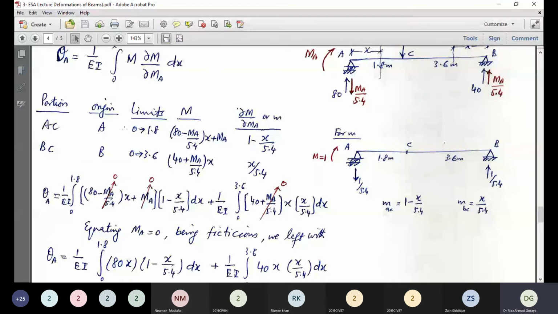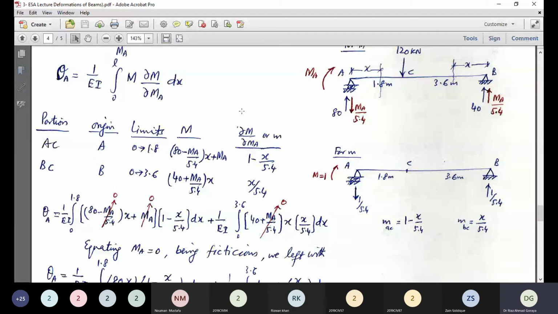Any confusion for this M and partial M or partial MA? Any question? सर M का बता दें दोबारा. भाई M का आप देखें ना, आप यहाँ मूवमेंट ले रहे हैं. This MA as it is. अब ये जो चीज है 80 अपवर्ड है, ये है 80 माइनस MA over 5.4 विद इन ब्रैकेट इनटू X. ओके सर.